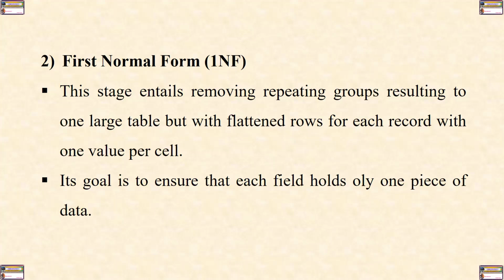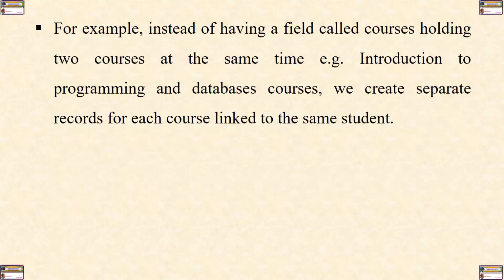In other words, in the first normal form, what we simply do is ensure that each field holds only one piece of data. For example, instead of having a field called courses, as we are going to see, holding 2 courses at the same time, for example, Introduction to Programming and Database courses, we create separate records for each course linked to the same student.